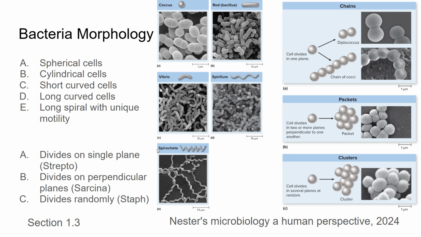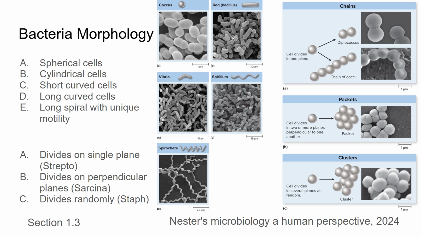So we have two different ways that we're going to be looking at this morphology. We have the shapes of the individual cells, and then the shapes that the cells create when they reproduce. So let's start over here. On this side, A, this is going to be your coccus. This is your spherical cells. They're generally pretty round and look like a sphere. Your rods also are going to be called bacillus.